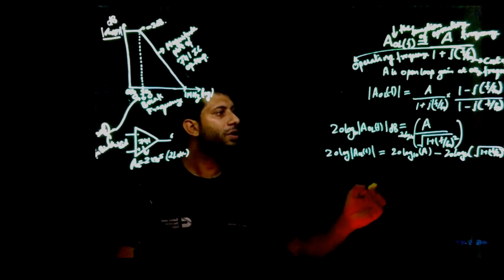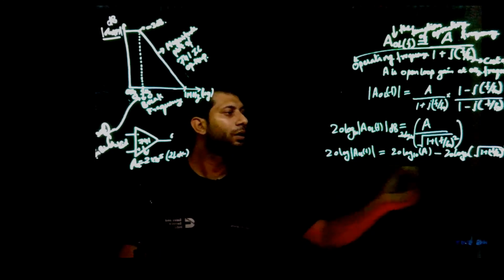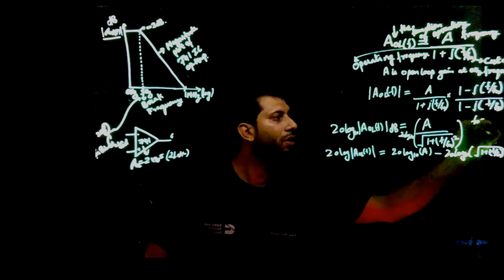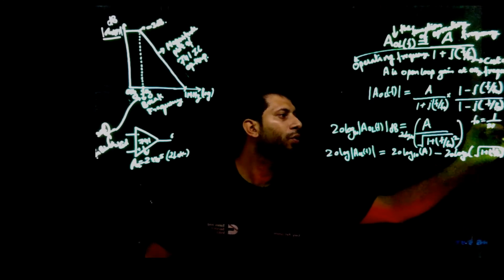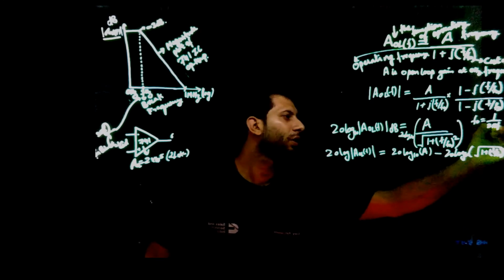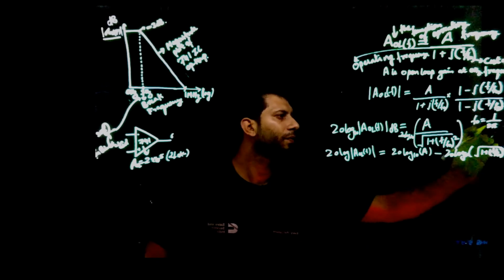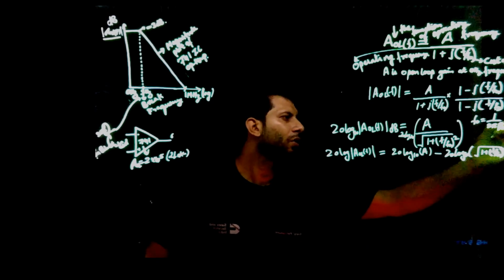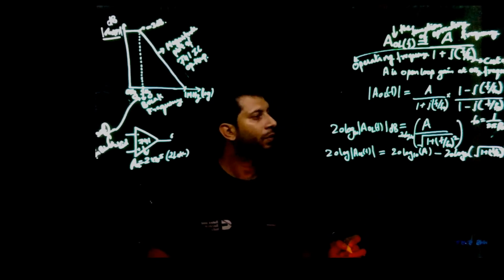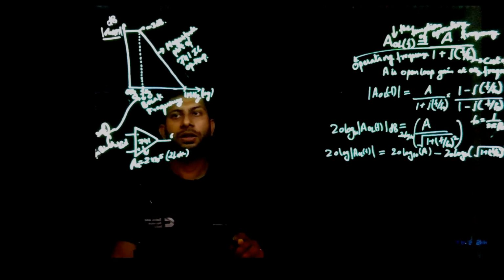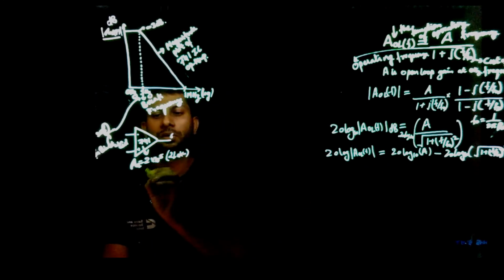And from the previous derivation we know that this f naught is equal to 1 upon 2 pi R naught C, and this R naught and C are from the internal structure, the high frequency equivalent model.